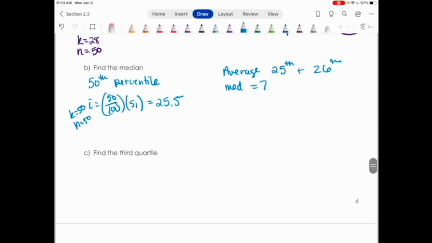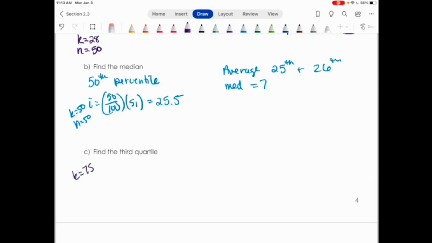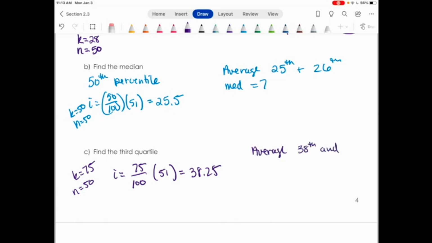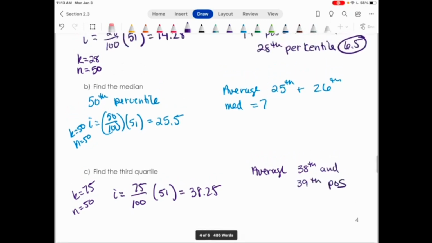Okay, the third quartile, that's going to be the 75th percentile, and N is 50 again. So when I use my formula to find the position, I'm going to take 75 over 100 times 51. That's going to give me 38.25. So I need to find the average of the 38th and 39th position.